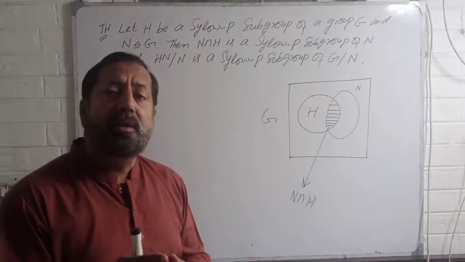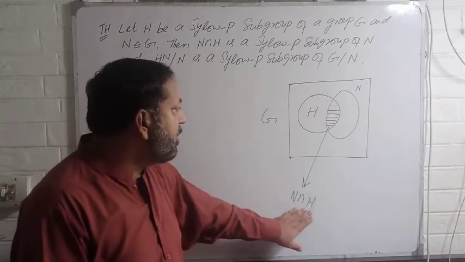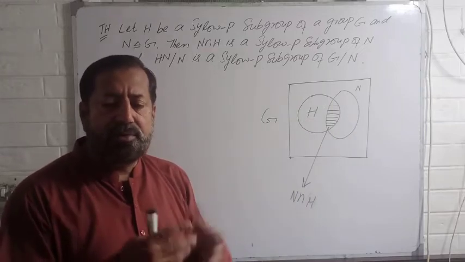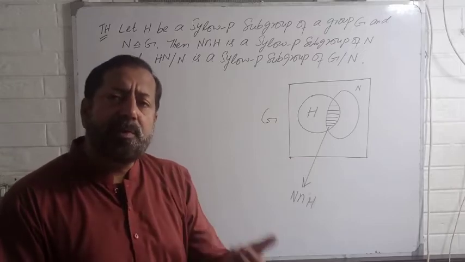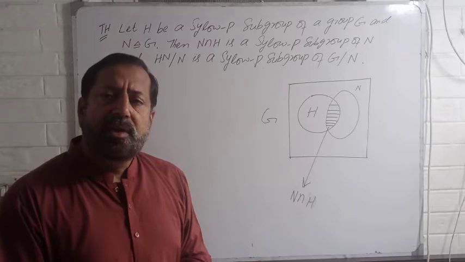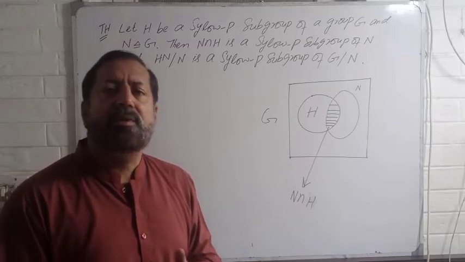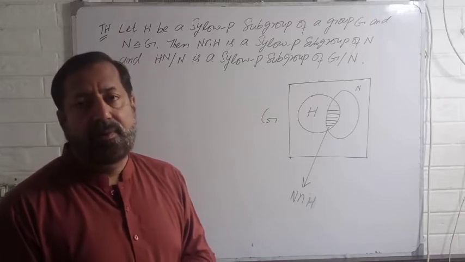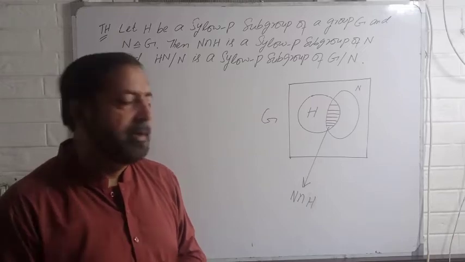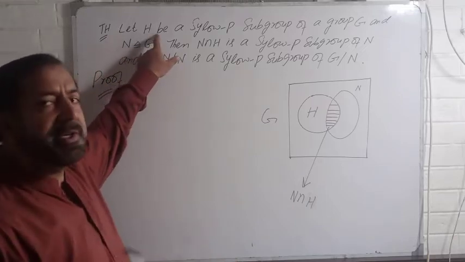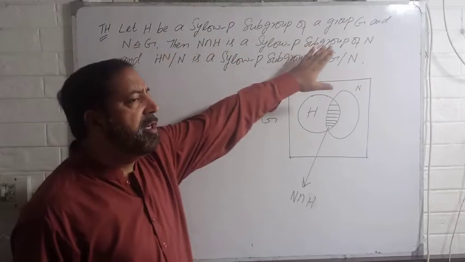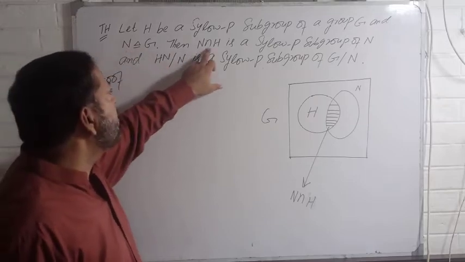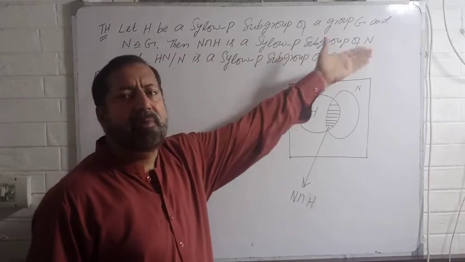If you can show this, then by definition N intersection H would be a Sylow-p subgroup of N. We have given an alternative definition that H is a Sylow-p subgroup in G if the index of H in G is prime to p, and equivalently, p power alpha divides the order of G, and no higher power of p divides the order of G. So again, H is a Sylow-p subgroup of a group G and N is normal in G. Then you have to show that N intersection H is a Sylow-p subgroup of capital N as well.